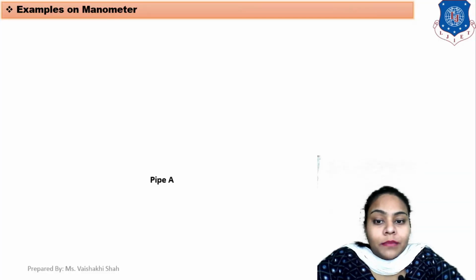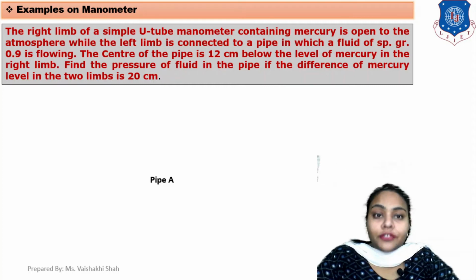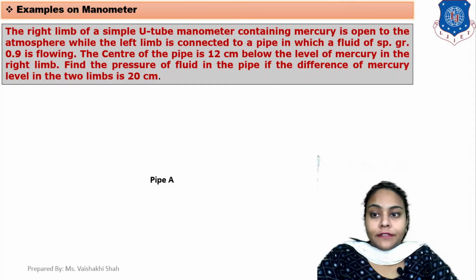Our first example: the data given to you is that the right limb of a simple U-tube manometer containing mercury is open to the atmosphere, while the left limb is connected to a pipe in which a fluid of specific gravity 0.9 is flowing.